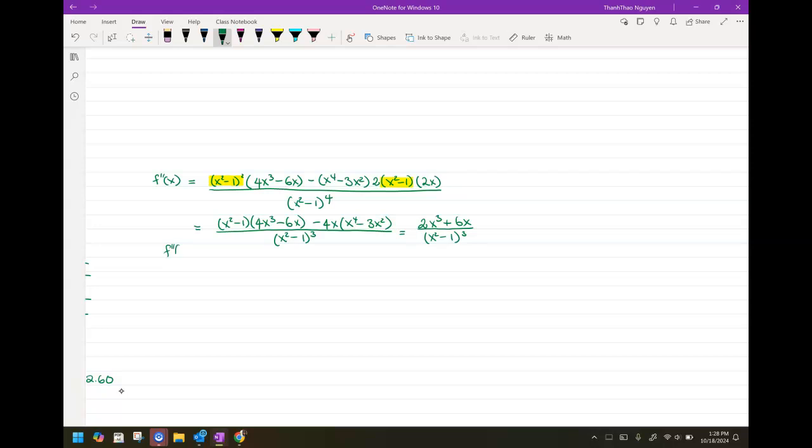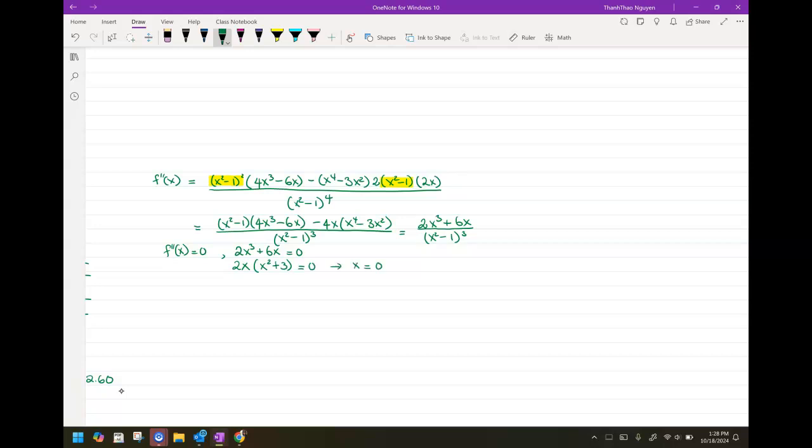So f double prime of x equal to 0. This means 2x to the third plus 6x equal to 0. So then we factor out 2x. We're left with x squared plus 3 equal to 0.